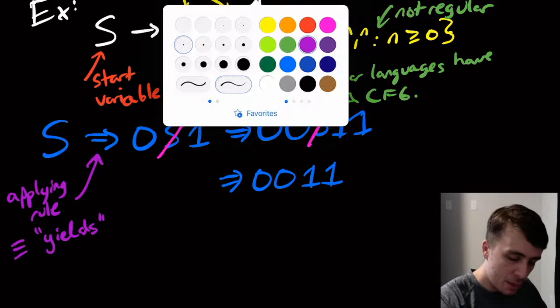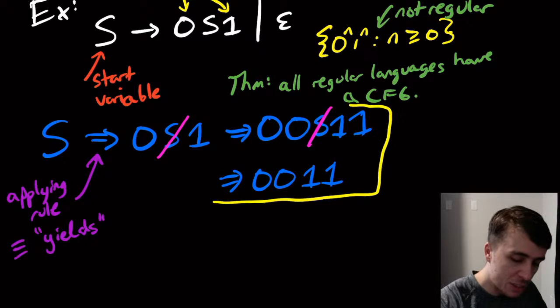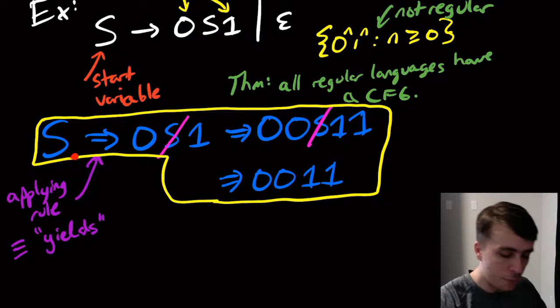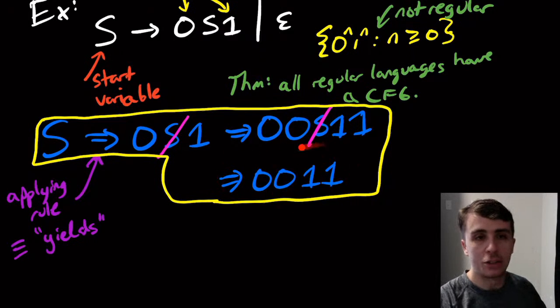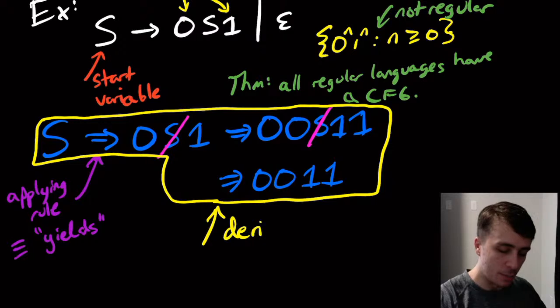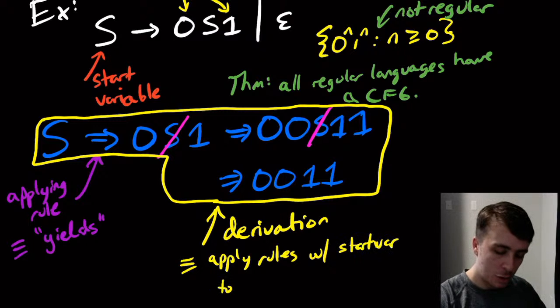And if we think about, let's just say all of this, which is going from the start variable all the way to getting a string full of terminals, this whole thing is called a derivation, which is the same thing as saying apply rules starting with the start variable to get only terminals.